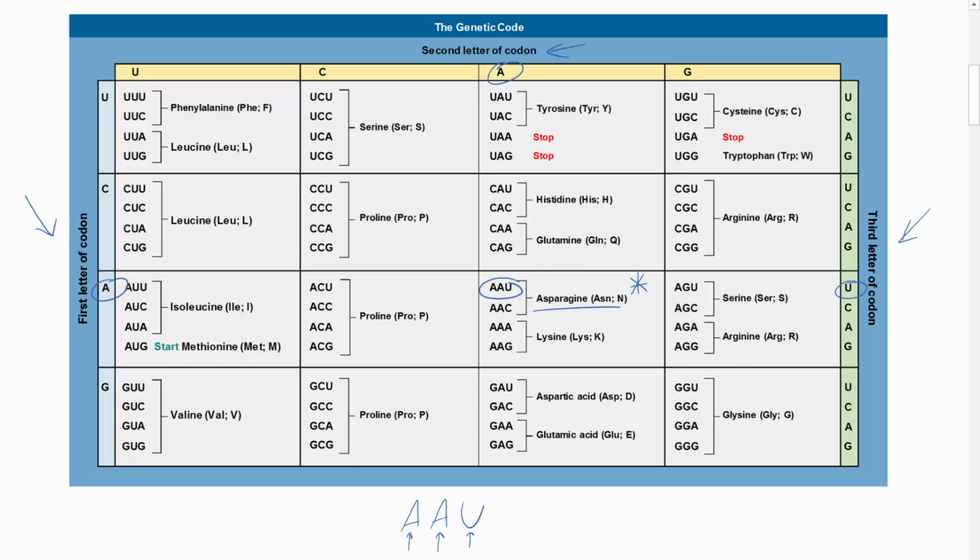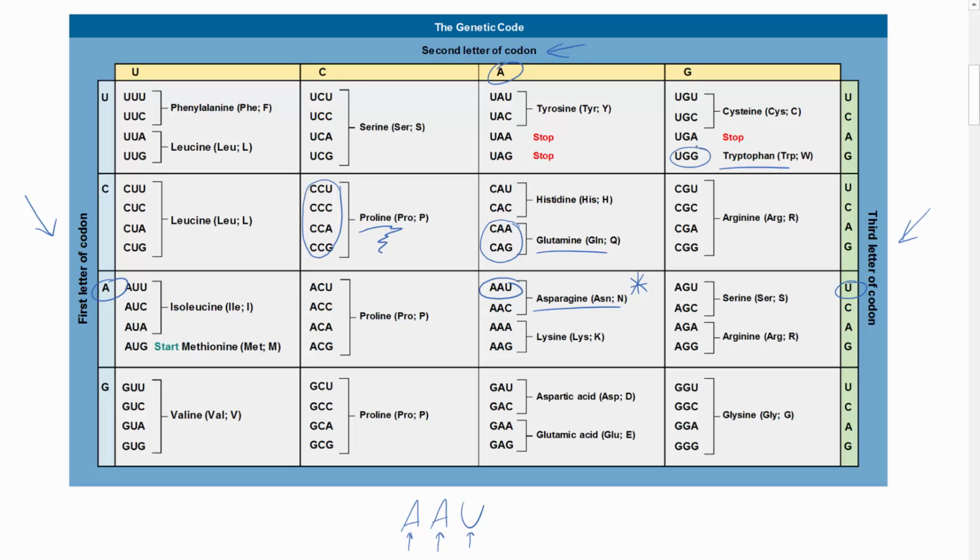When you look at the table carefully, you'll notice that there's more than one codon that can code for a specific amino acid. So for example, proline here can be coded for by 4 different codons. Other amino acids like glutamine might only be coded by 2 different codons, and tryptophan is actually only coded for by 1 codon.